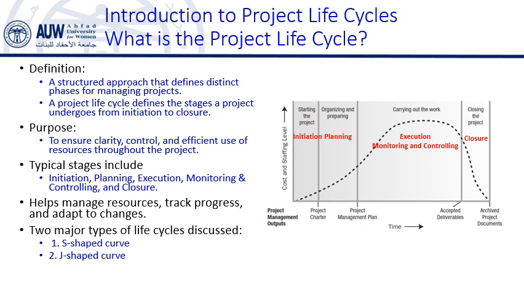At the same time, there should be monitoring and controlling, which is an overlapped process. Progress is tracked and necessary adjustments are made to ensure alignment with the plan. The last phase is closure. The project is finalized, deliverables are handed over, and lessons learned are documented.